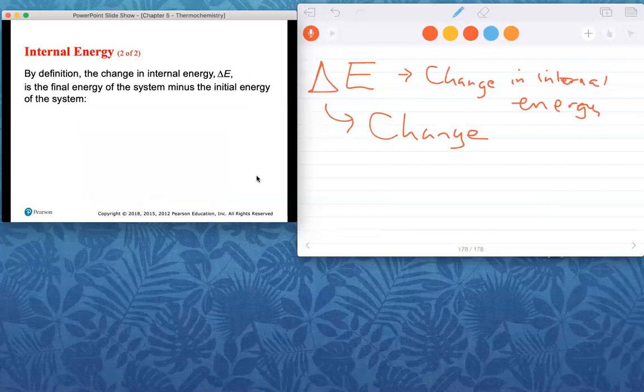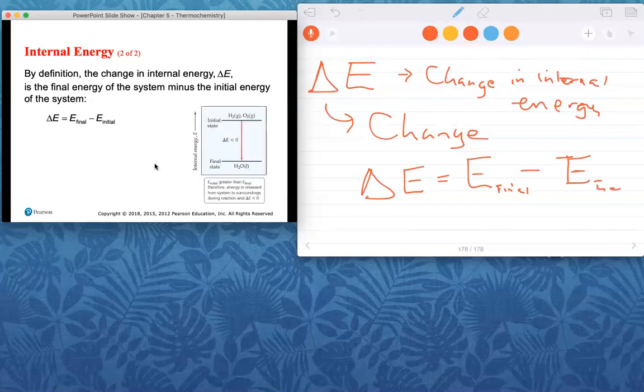By definition, change in internal energy is final minus initial. So change in E is given by E final minus E initial, where it was starting, E initial.